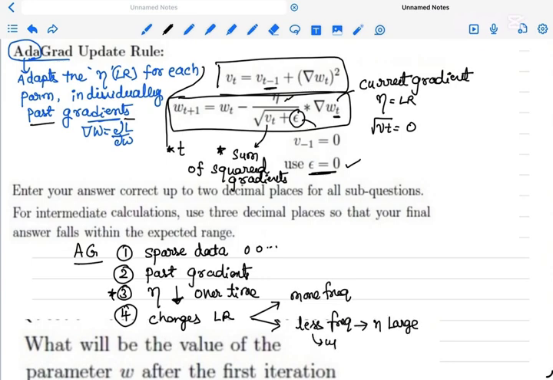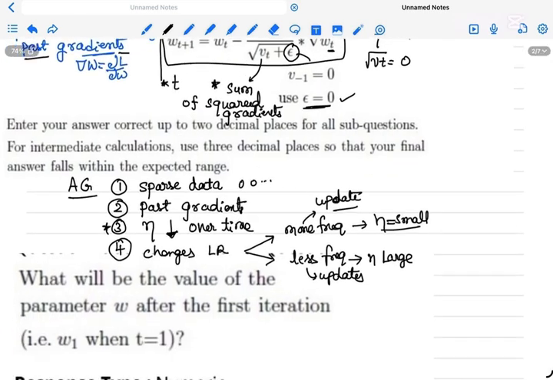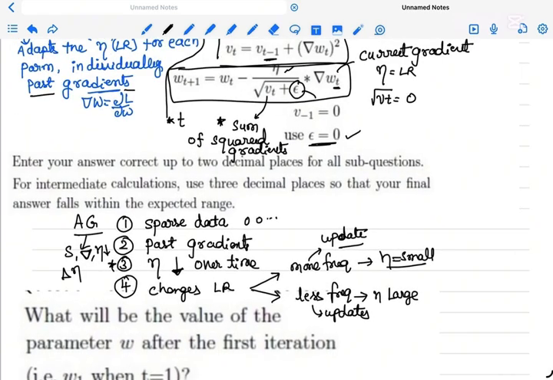Parameters with a small learning rate are updated more frequently. Parameters with a large learning rate are updated less frequently.